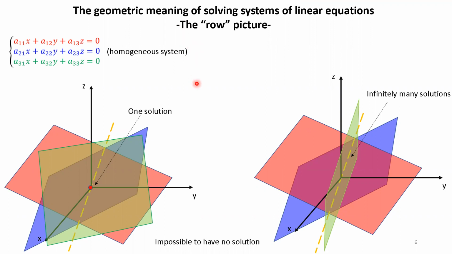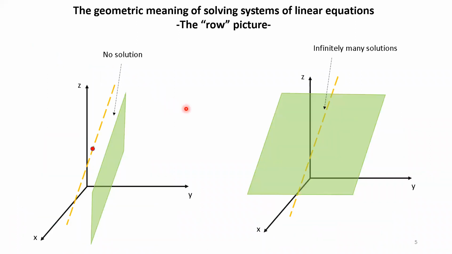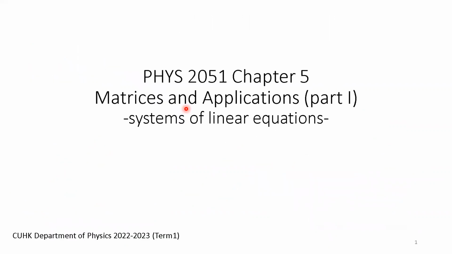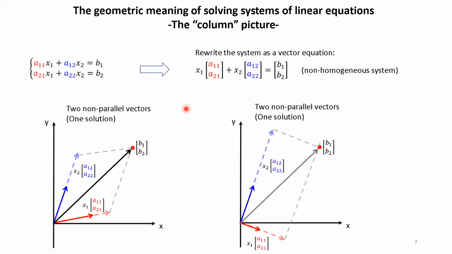Okay, so now we are going to use another way to look at the same problem. The picture that we have just used is known as the row picture, because we are considering each row of the system of equations to be a geometric object, which is a plane or a line. The other way to see it is known as the column picture.